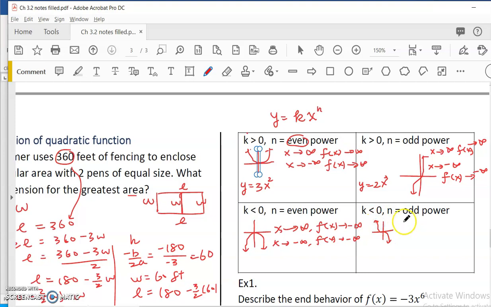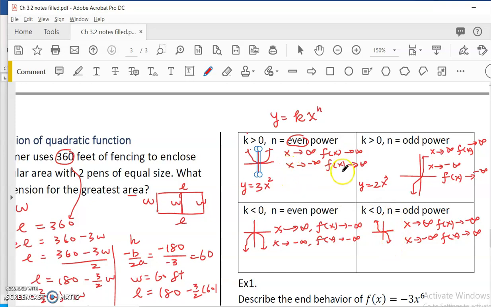So when x approaches infinity, on this side, actually f of x goes to negative infinity. They actually go in different directions. And when x approaches negative infinity, on this side, f of x equals infinity. So they flip, right? And the general shape is like this.